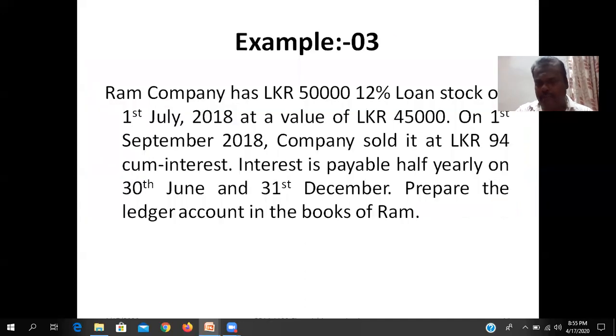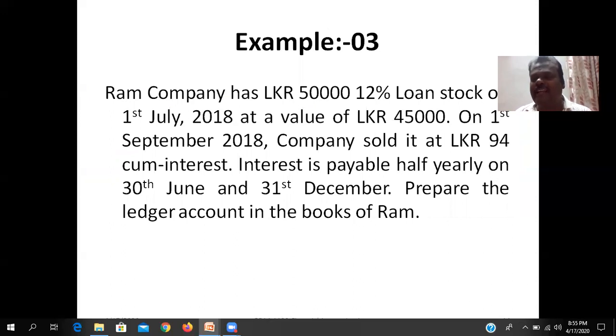Okay, now we have made the entry for the opening balance and the sale of investment. But then what can we do? It is sold on 1st September 2019. That means the entire investment has been sold cum interest. If it is cum interest, for the immediate next period, the interest will not be eligible for the seller.